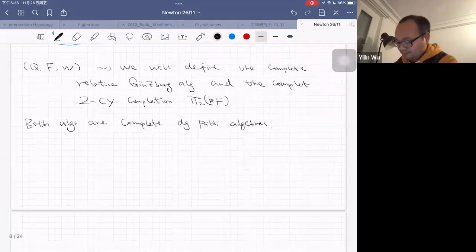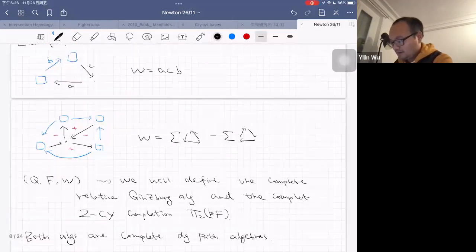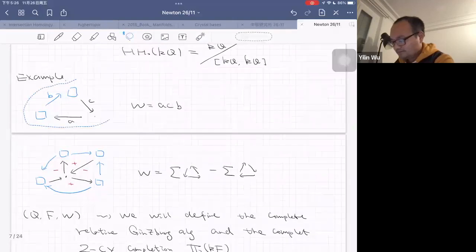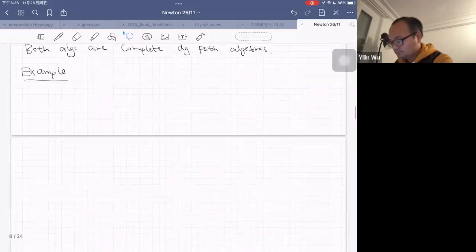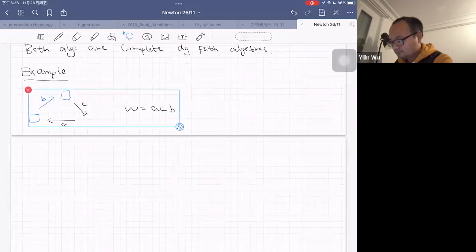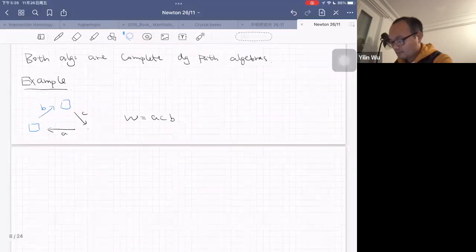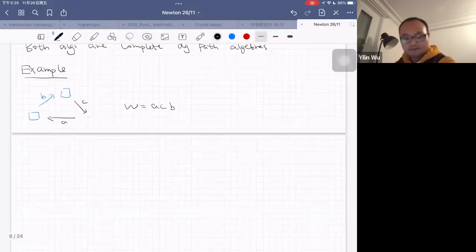For example, if we consider the first example here, we have the following two DG algebras.